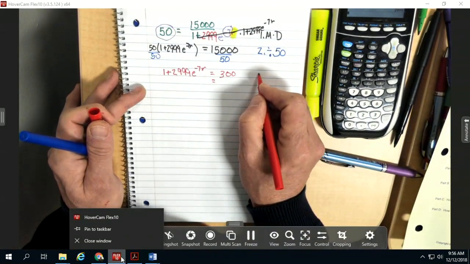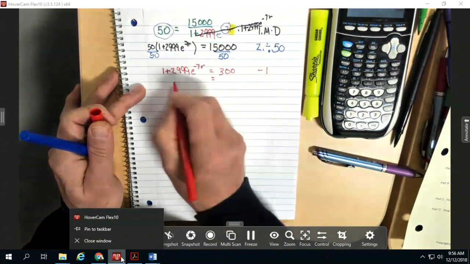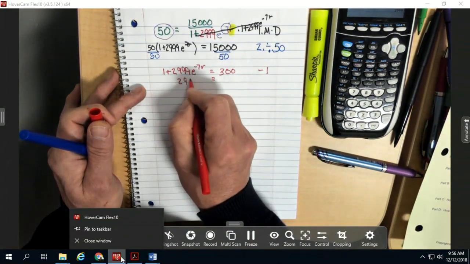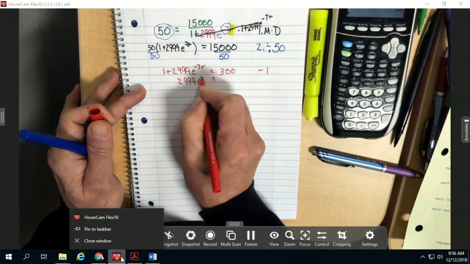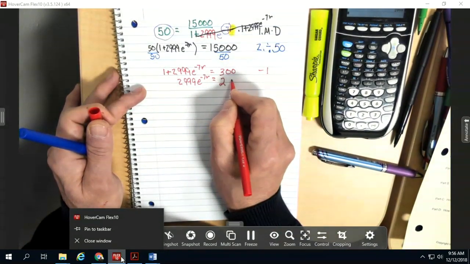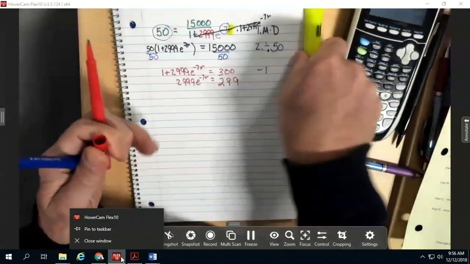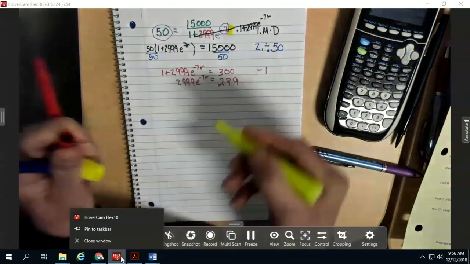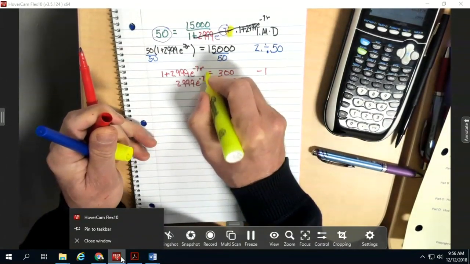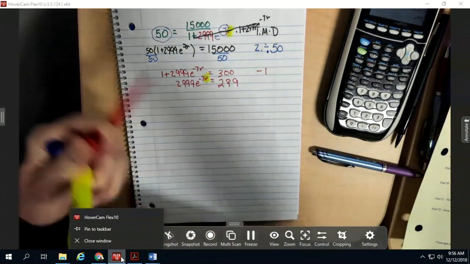Next, subtract 1 from each side, and we have 299 e to the negative 7r is 299. Remember, we're still trying to get r all alone. What should we do to both sides?